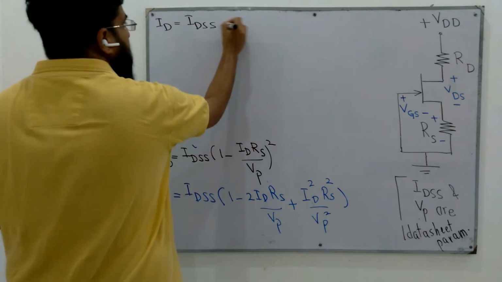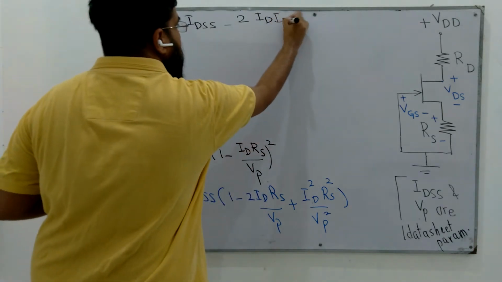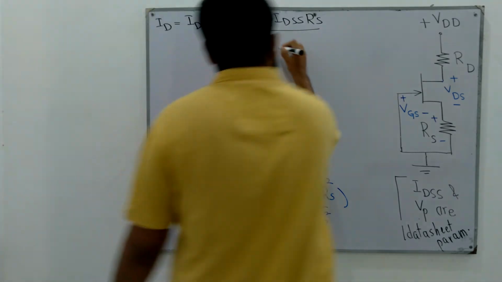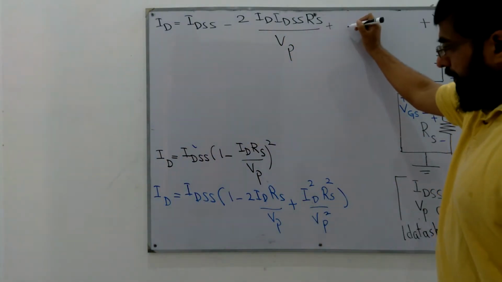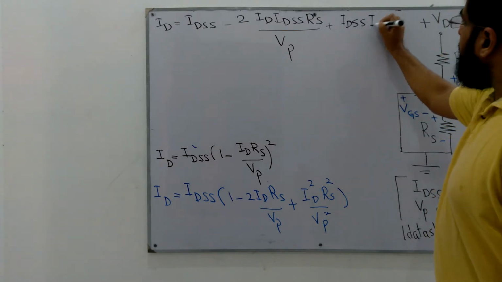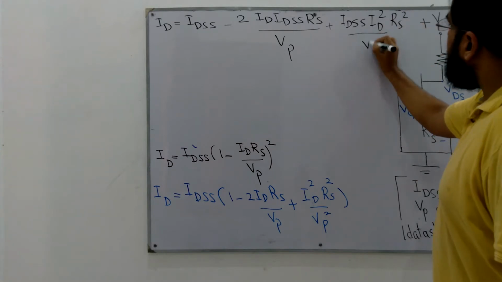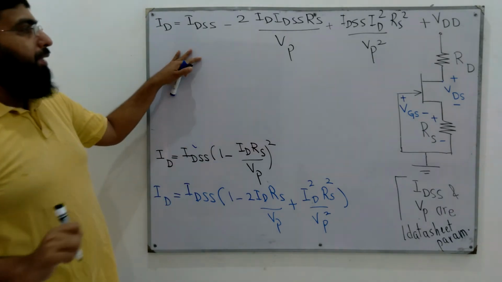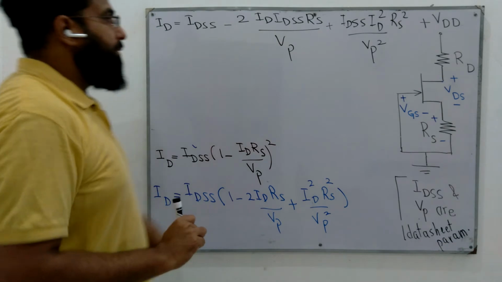IDSS minus 2 ID times IDSS RS over VP. So IDSS multiplied with this term becomes IDSS ID squared RS squared over VP squared. Now this whole equation can be multiplied with VP squared to get rid of this denominator.